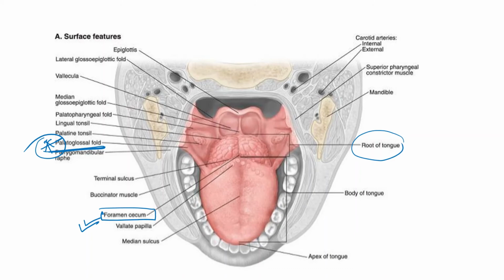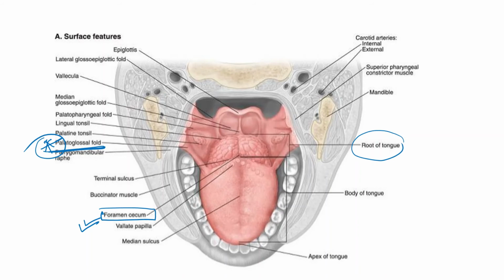and the posterior one-third. The root of the tongue is that part which attaches the tongue to the floor of the mouth, and it extends from the symphysis menti to the hyoid bone. So the root is different from the base.